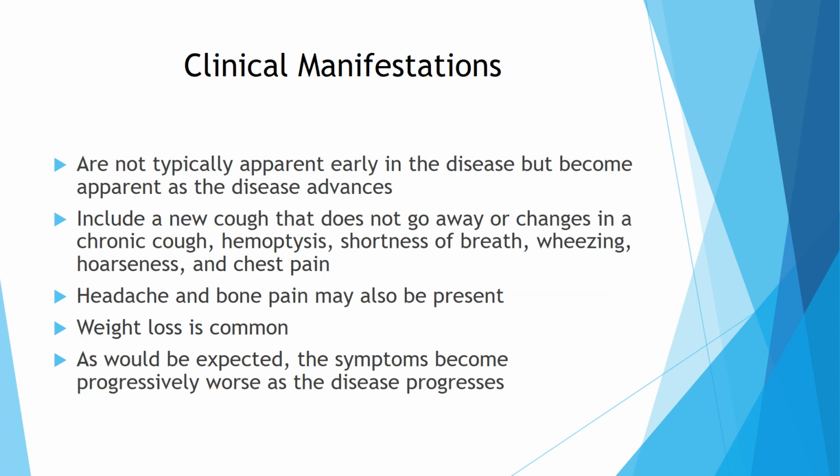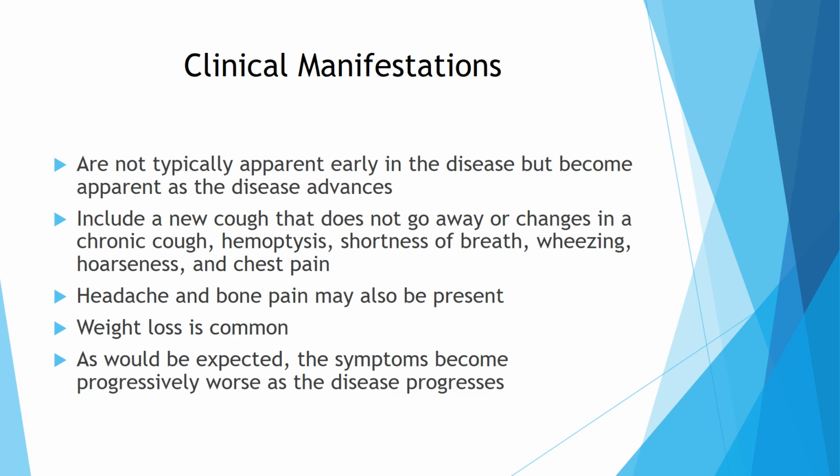So, clinical manifestations are not typically apparent early in the disease, right? But they will become apparent, of course, as the disease advances. Clinical manifestations will include a new cough that does not go away, or changes in the chronic cough, hemoptysis, shortness of breath.